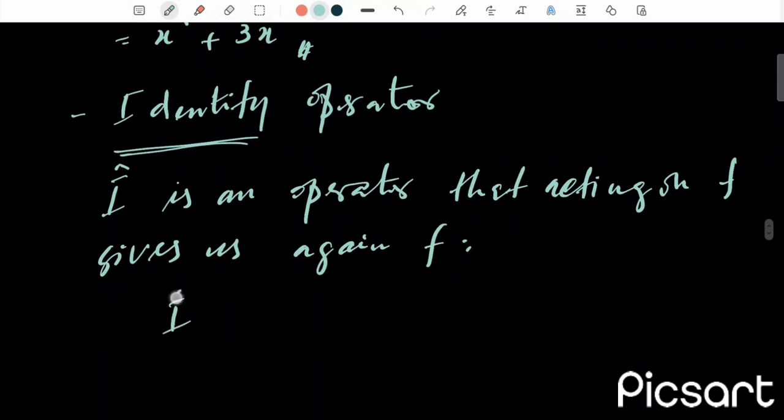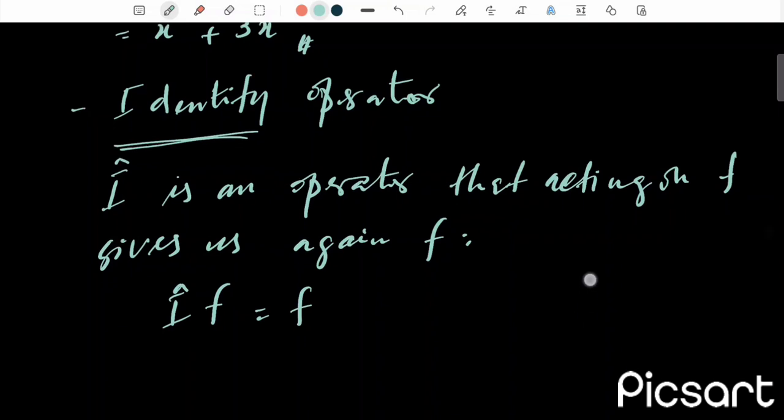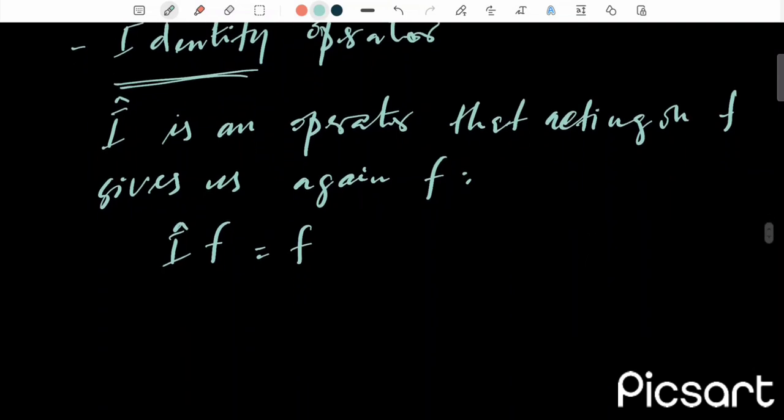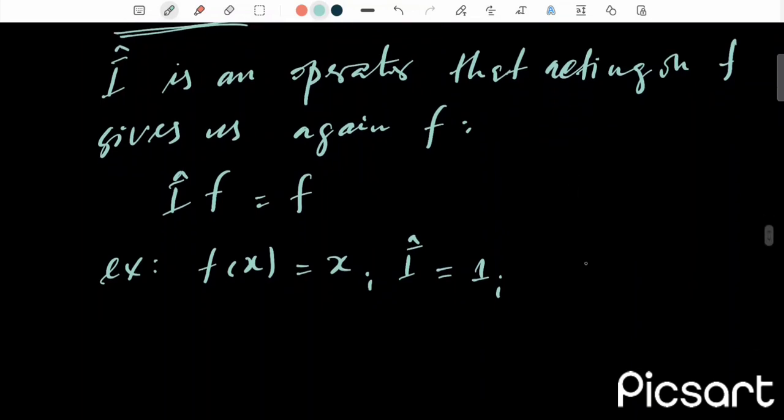That means I acting on f, the result is f. Suppose, for example, our f function of x is equal to x, and our identity operator is 1. Then when I act on f, we have 1 times x, which is x.